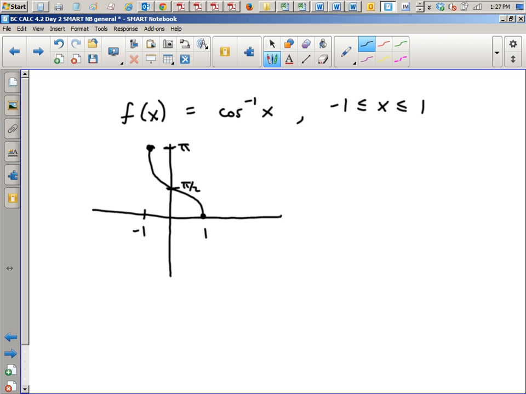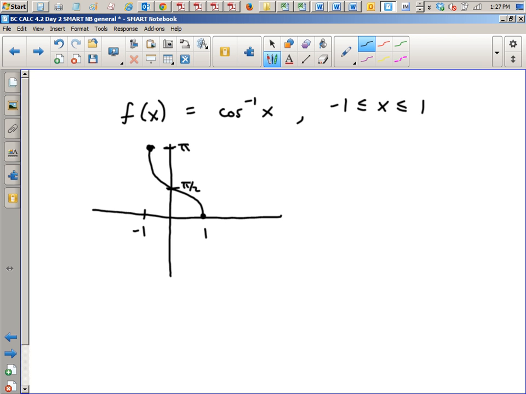Now just looking at it, does it look continuous between negative 1 and 1? Yes. And does it look differentiable between negative 1 and 1? Yeah, I think the endpoints are actually vertical tangents. Like that part is straight down, and that part's straight up. So I don't think those are differentiable, but that doesn't matter, remember? It just has to be the interior points.